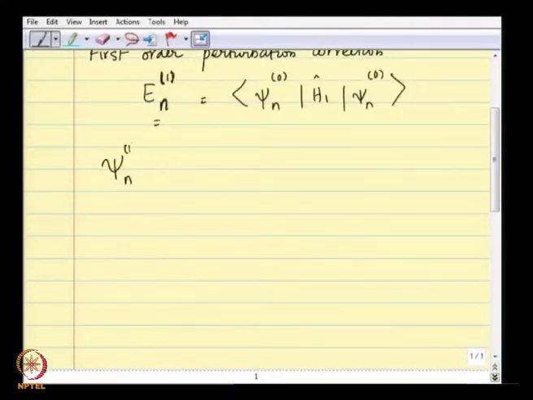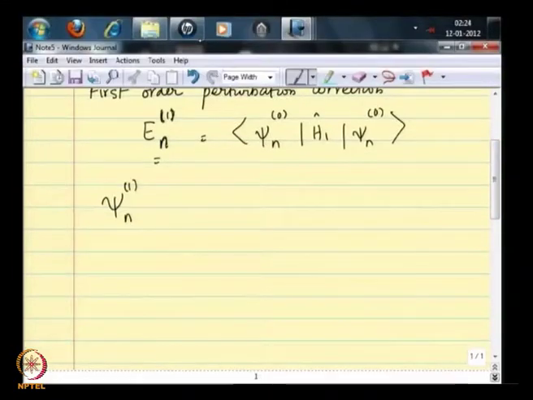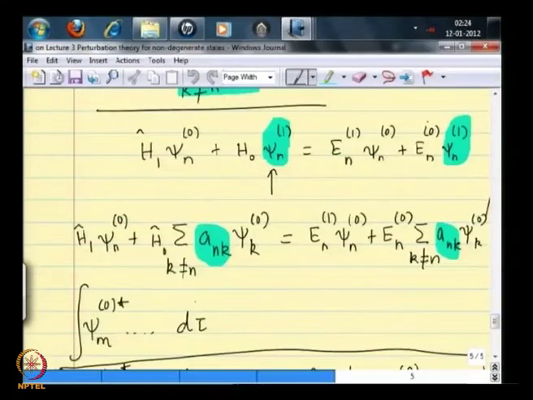Okay. And then we moved on to calculate the first order correction to the wave function, namely psi n1. Let me now bring the last screen from the last lecture, so that we continue from there.